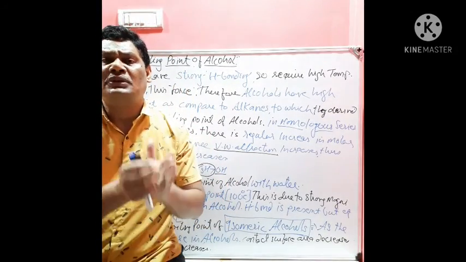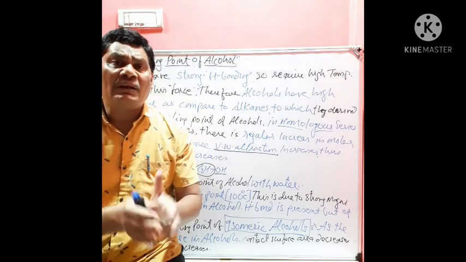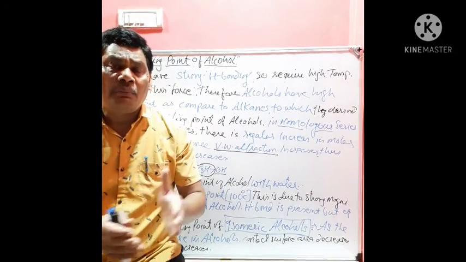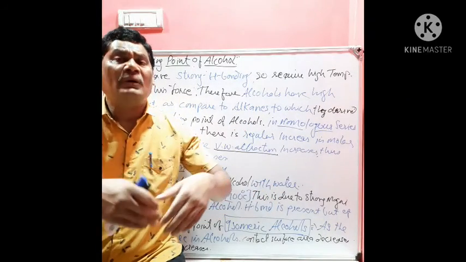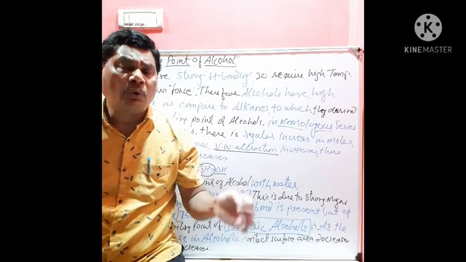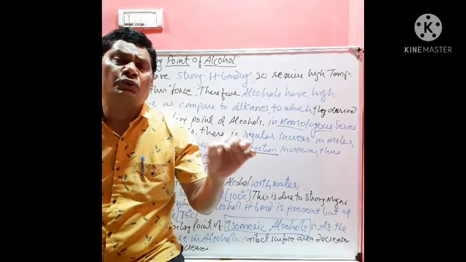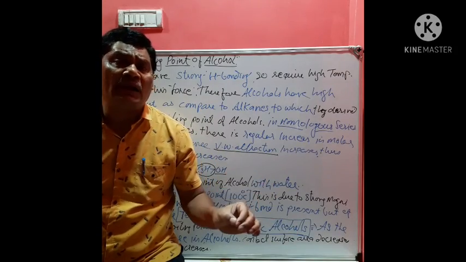Because in the case of CH3OH, the molecular mass is very low, the molecular size is also small, but in case of butyl chloride, the molecular mass will increase, the molecular size will increase. So however, they shows dipole-dipole attraction which is weaker than hydrogen bonding.